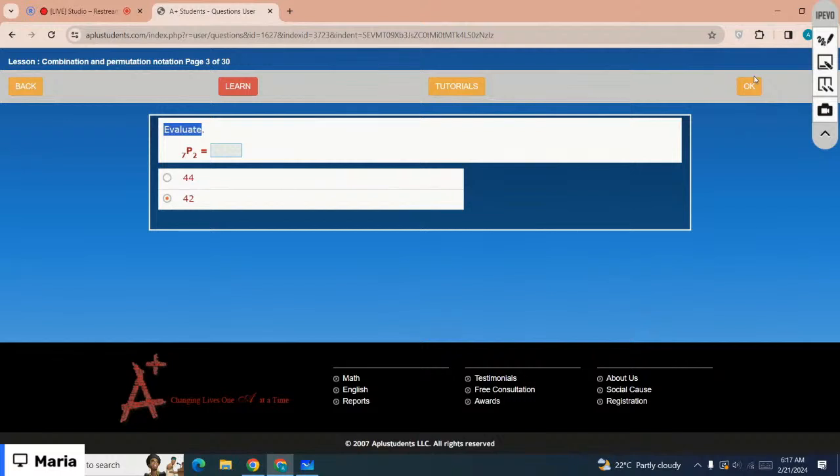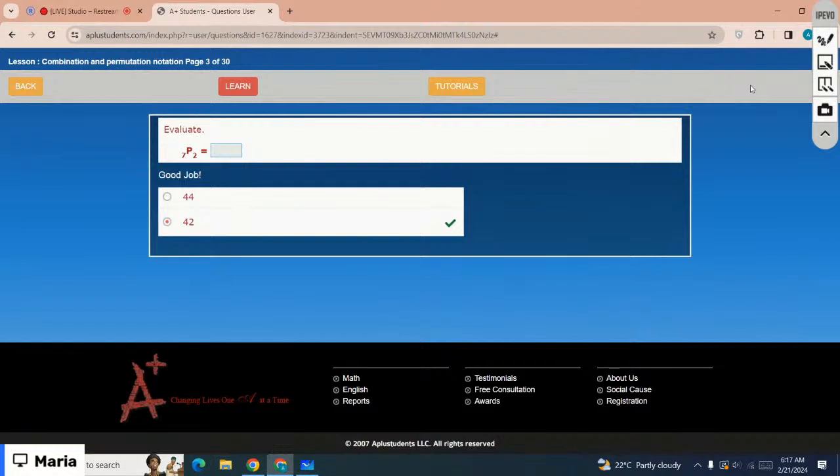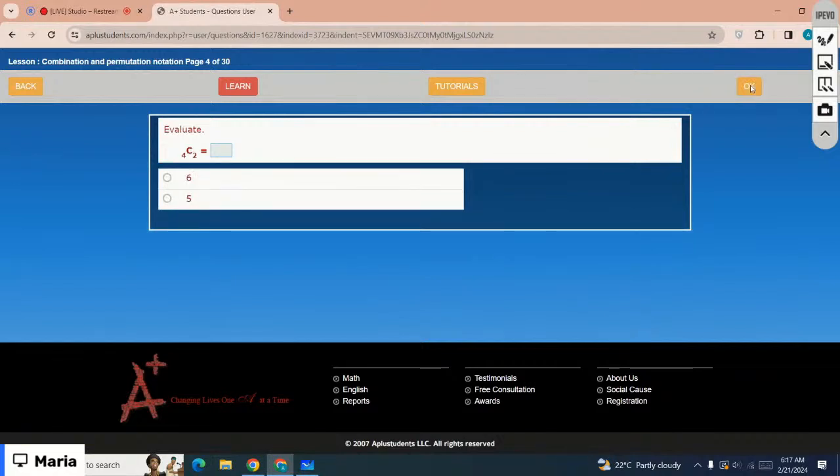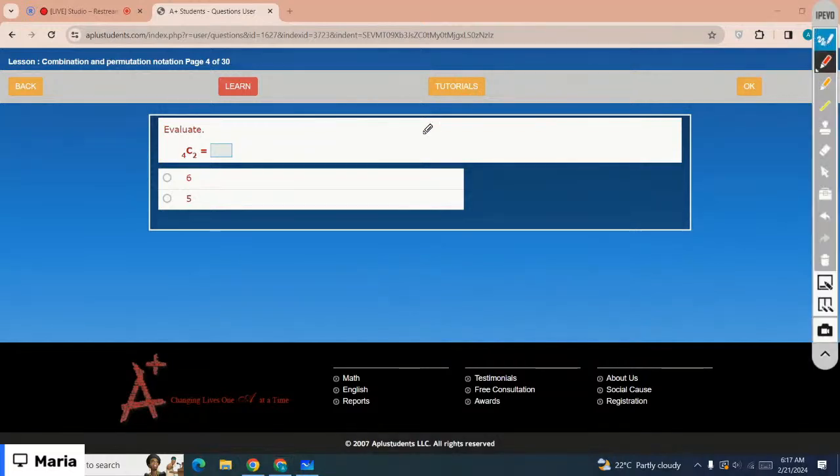Okay, the next one is 4C2. You have to evaluate combinations, right? So when you have to evaluate the combinations, you have to do 4 factorial divided by 2 factorial and 4 minus 2 factorial, right?